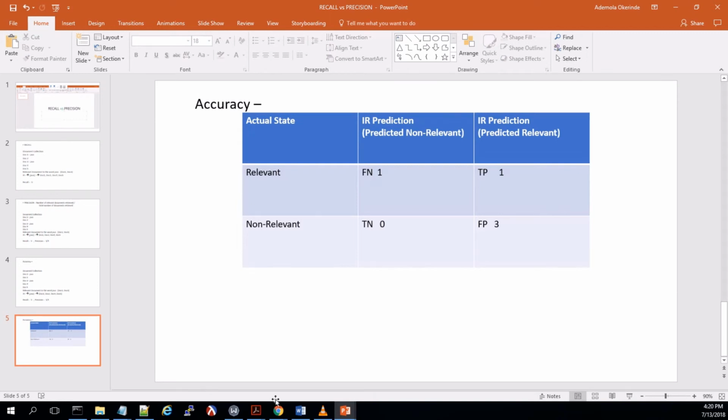So now to calculate our accuracy, the accuracy is very easy to calculate after we have been able to generate those figures. There is a simple formula.